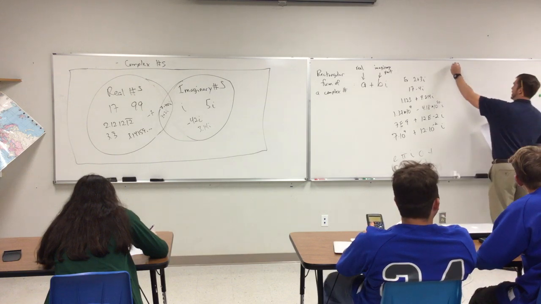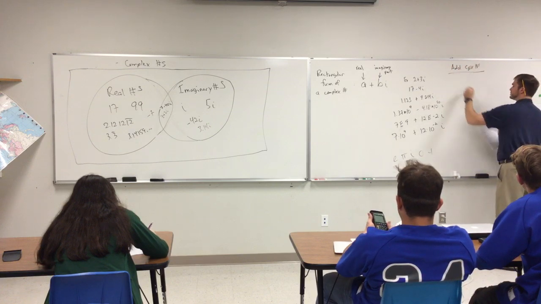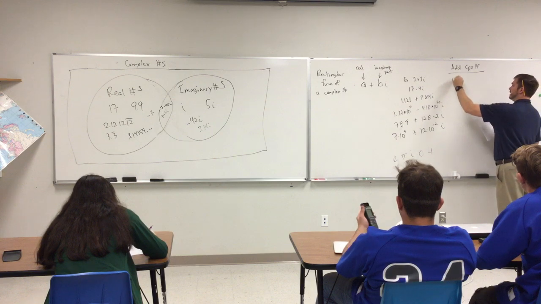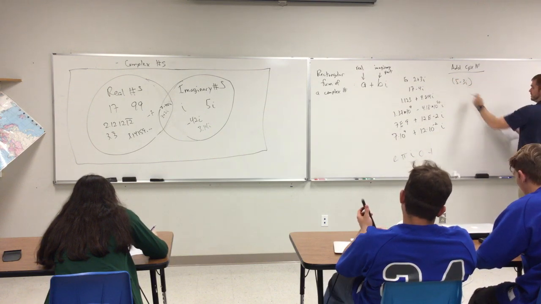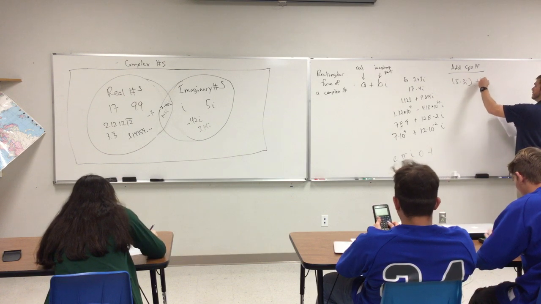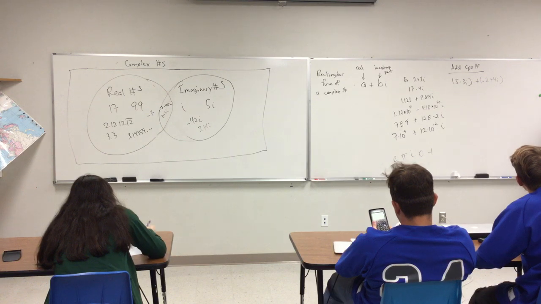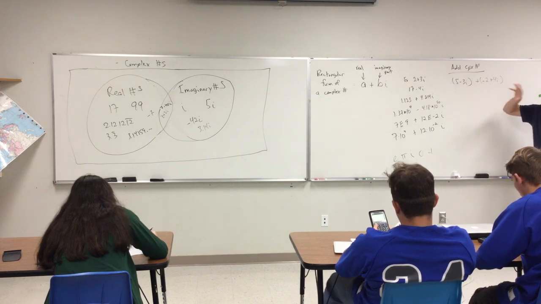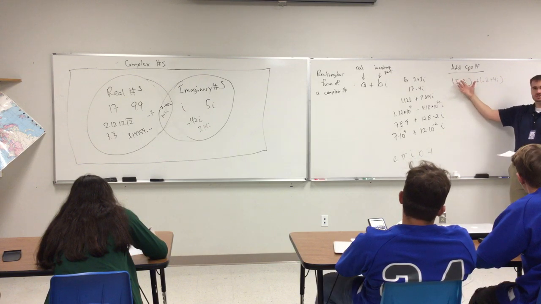So let's talk about adding complex numbers. So 5 minus 3i, that's one complex number, plus negative 2 plus 4i. In dealing with complex numbers, you kind of have to get over the fact that there are multiple symbols here in what I'm calling a single number.